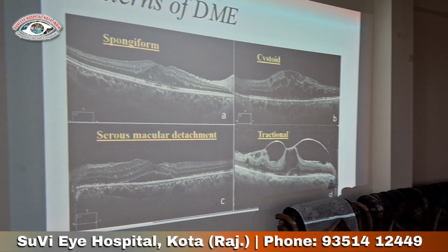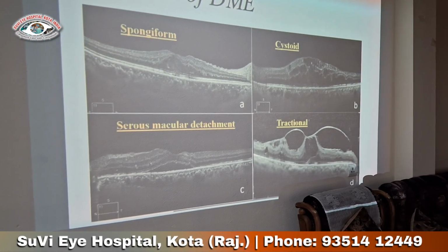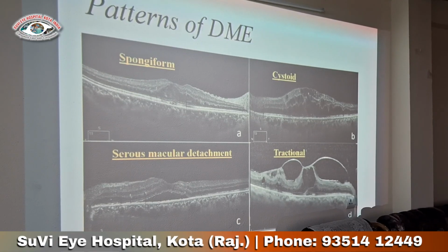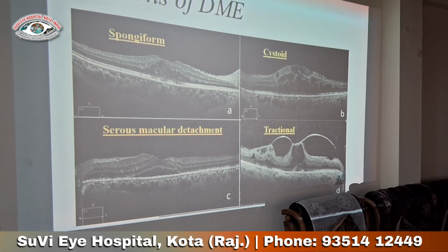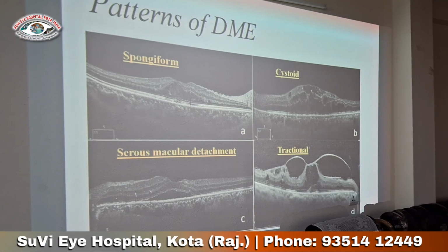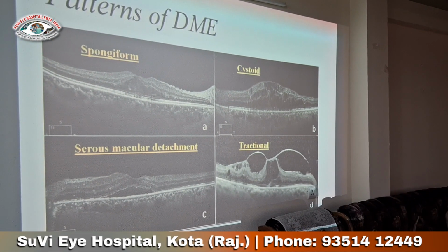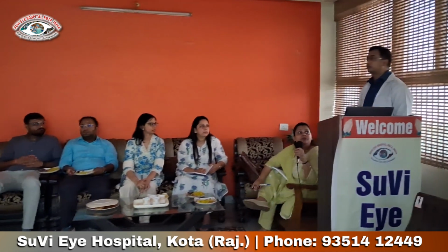So suppose a patient comes with a spongiform macular edema with moderate NPDR, having a vision of 6/18. How will you counsel that patient? I will counsel that patient for metabolic control of diabetes first, and then I will explain the need for anti-VEGFs in this case.